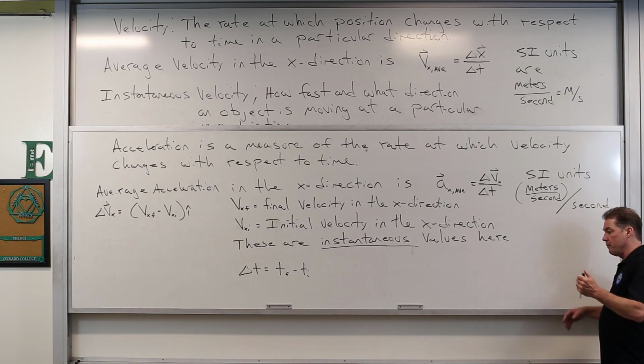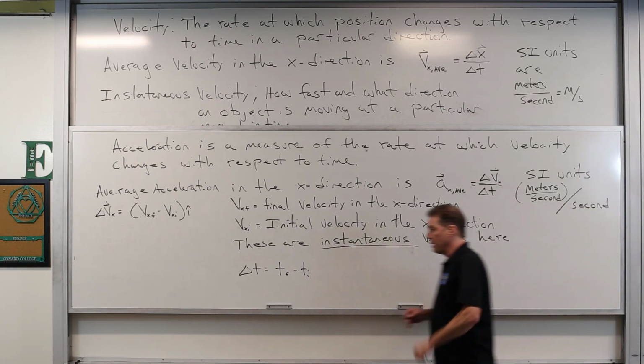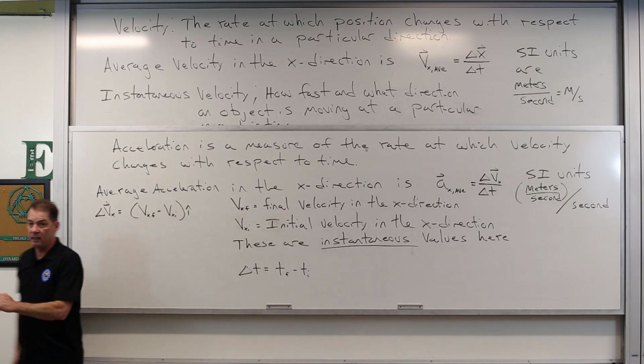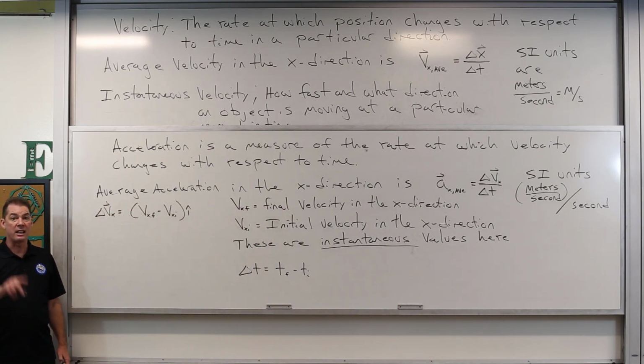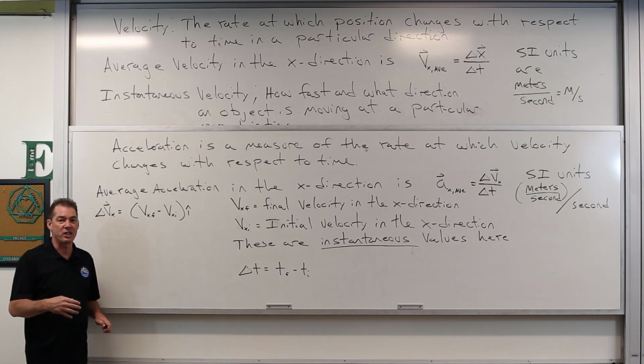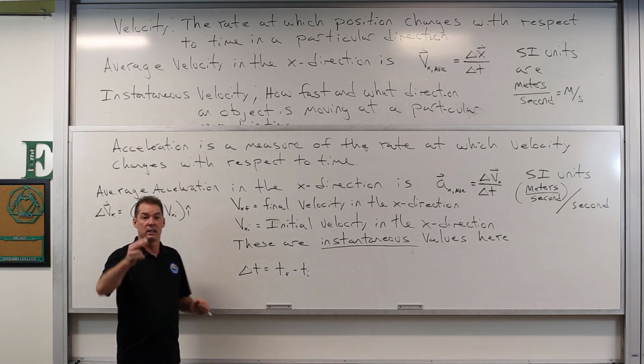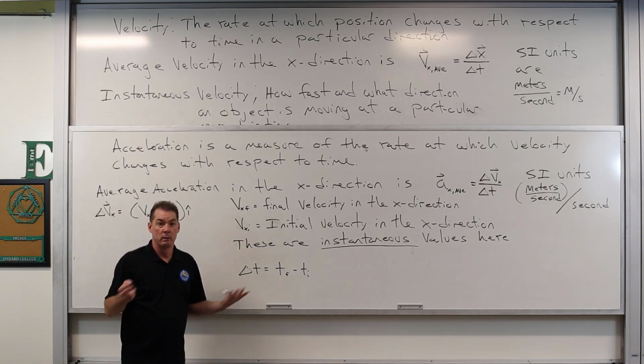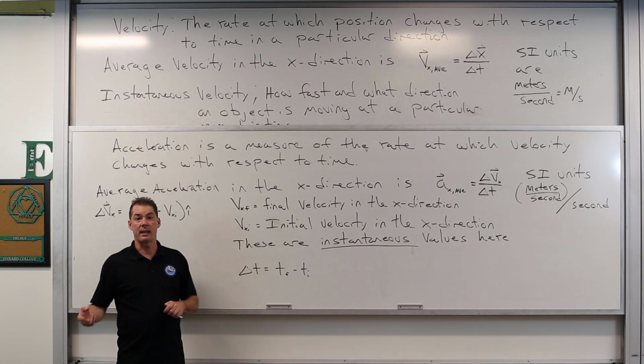So if I go from moving at 1 meter per second to 5 meters per second, well, I have a change in velocity of 4 meters per second, right? I've increased my velocity by 4 meters per second. And if I do that, say, in 2 seconds, then my average acceleration is going to be 4 meters per second divided by 2 seconds, which will be 2 meters per second per second.